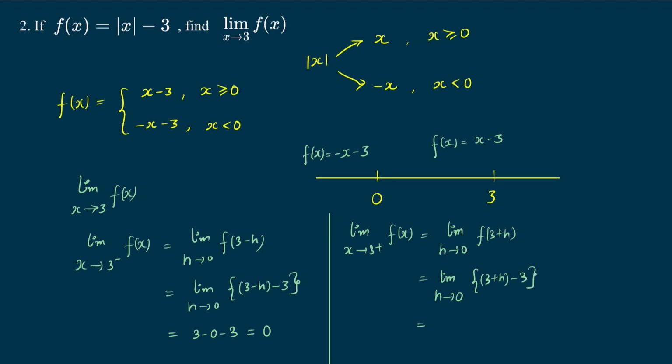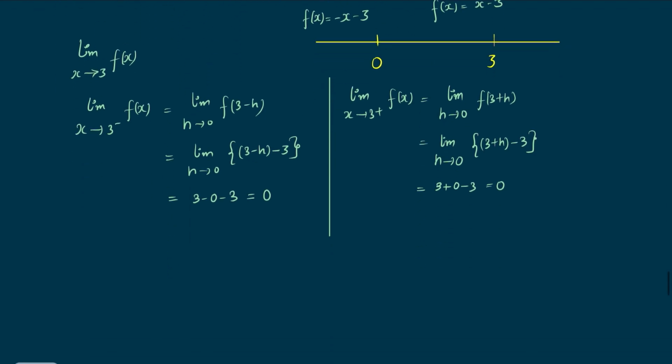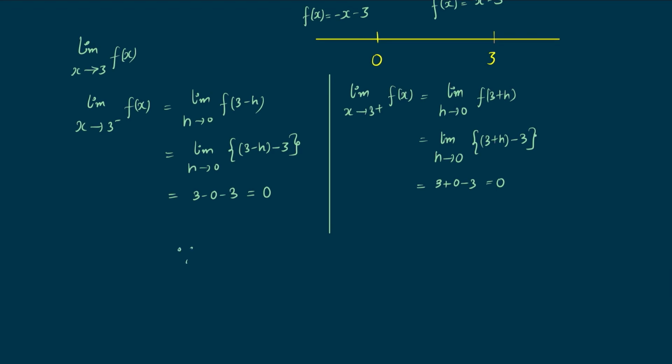Now put the value of h as 0, we will get 3 plus 0 minus 3 equals 0. Now as you can see here, both left hand limit and right hand limit have the value 0. Since left hand limit equals right hand limit and both are equal to 0, therefore the limit x tends to 3 of f(x) equals 0. So this is my answer.